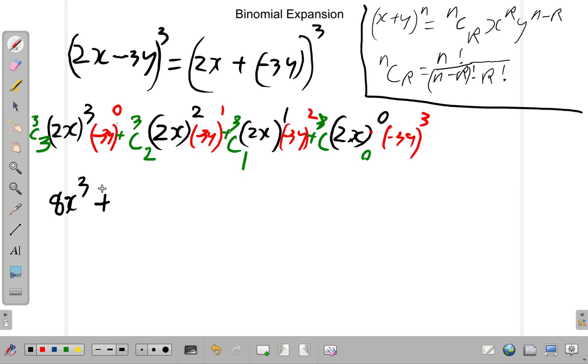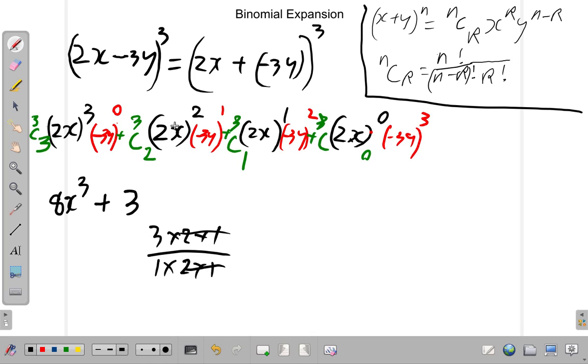Plus 3c2. 3c2 is 3 factorial, which is 3 by 2 by 1, divided by 3 minus 2 factorial. 3 minus 2 is 1. 1 factorial, which is just 1, times 2 factorial, which is 2 by 1. So when you cancel, just as before, you get 3.